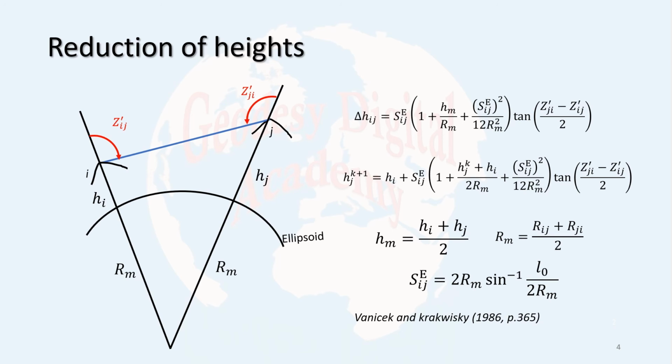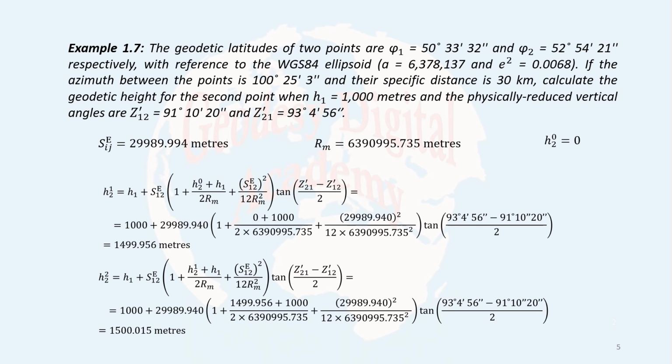Now let us see how this formula can be applied in practice. Consider 2 points with the geodetic latitudes phi1 and phi2, which are the same as the previous example. The same ellipsoid. The azimuth between them is the same azimuth as the previous example, and the distance 30 kilometers.